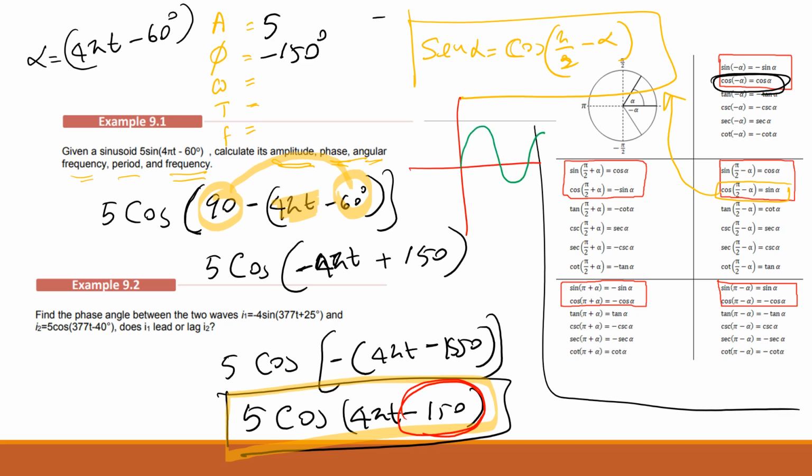And something can be shifted this way. Something can also be shifted this way. Is there anyone who wrote down negative phi and positive phi? Did you do that?